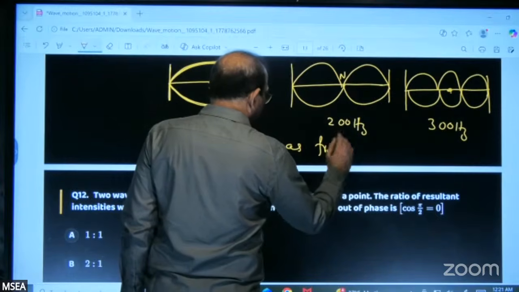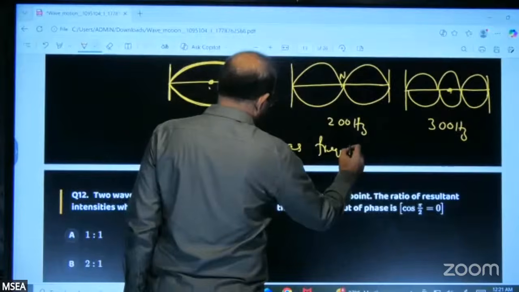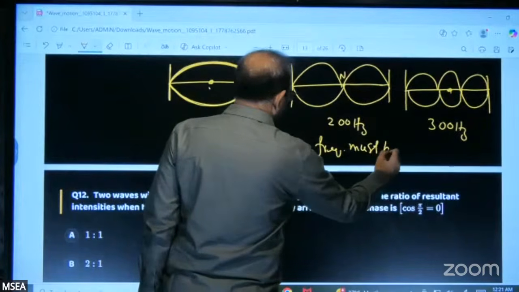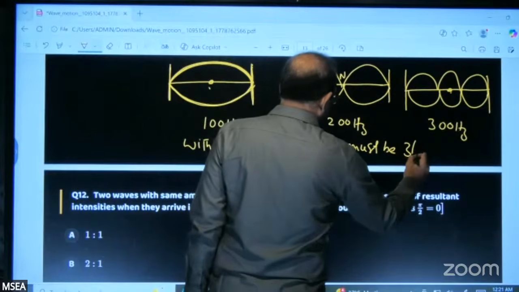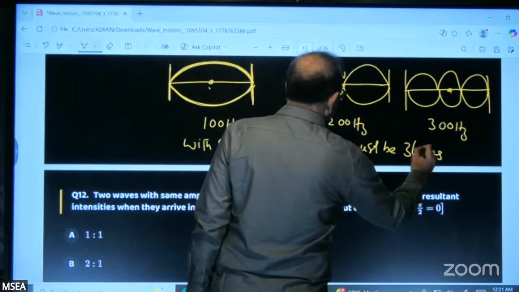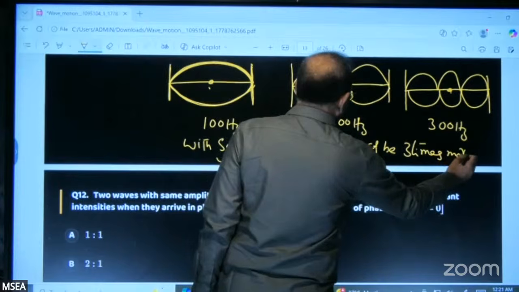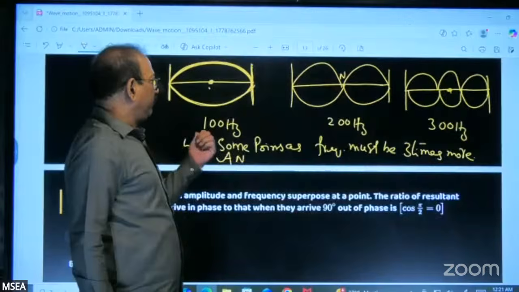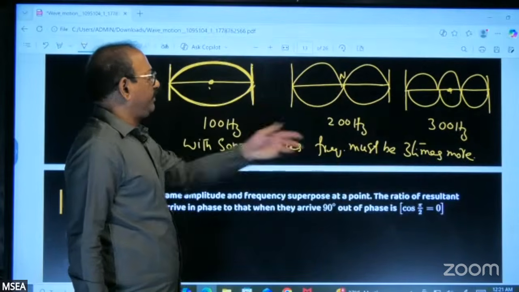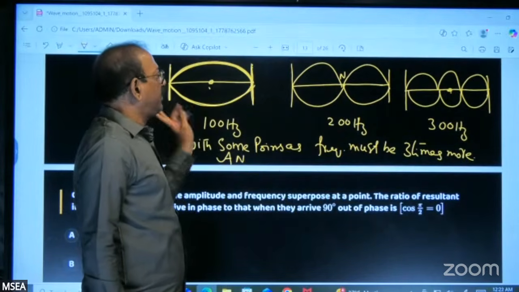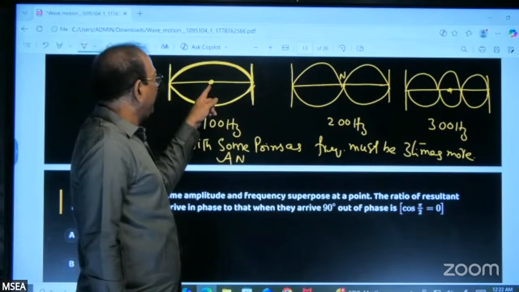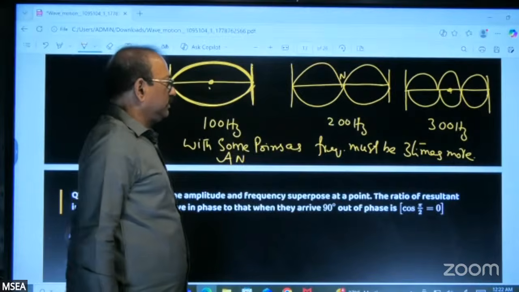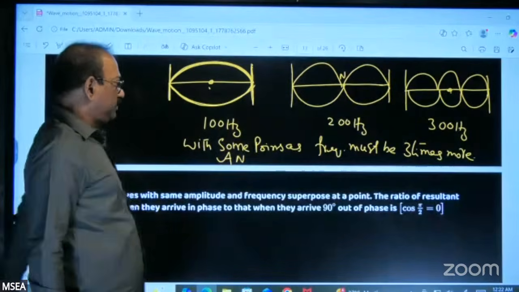Definitely that next frequency must be 3 times the given frequency only. If this is given as 50 hertz, next frequency is 150 hertz. If this is given as 200 hertz, next frequency at which the same points again become antinodes is 600. 3 times only it is.